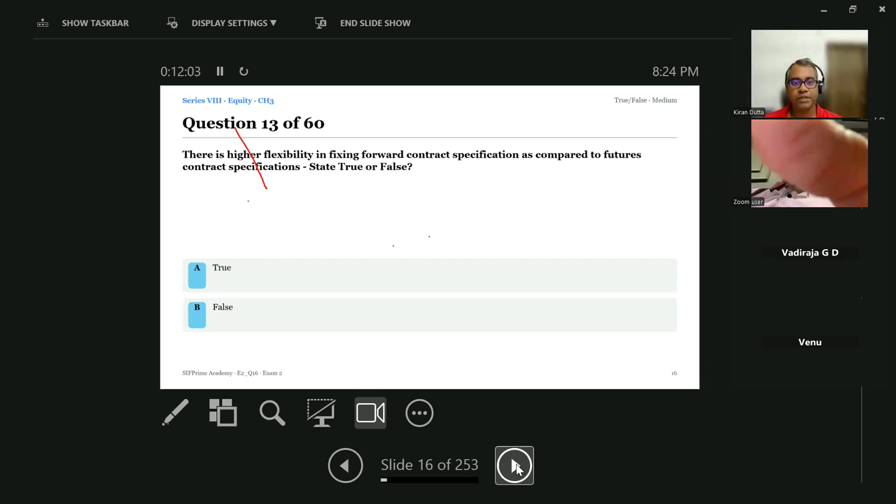Higher flexibility in fixing forward contract specifications compared to futures contract. Just now we discussed.